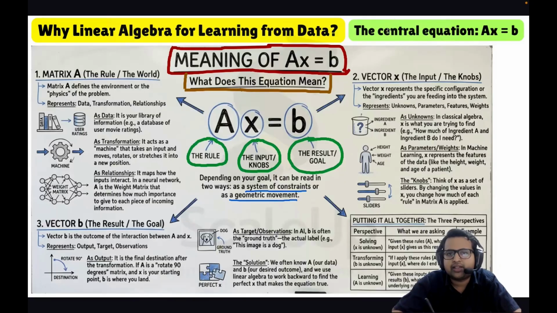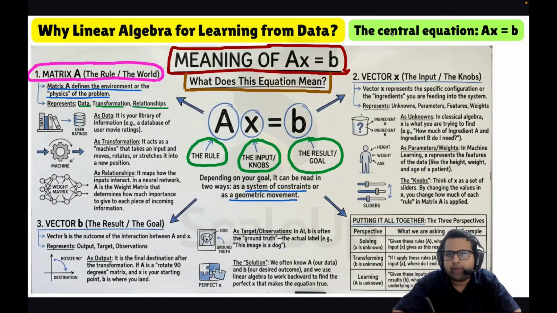First, let us understand what we mean by matrix A, which represents the rule, the world. Matrix A defines the environment or the physics of the problem. Matrix A can represent the data, the transformation, and also the relationships.